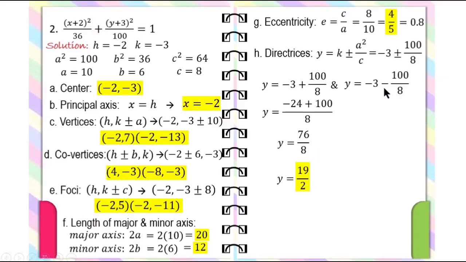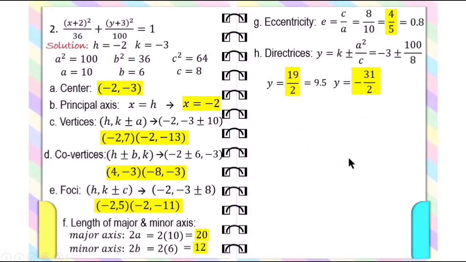Here, we have -24 minus 100 over 8. So -24 minus 100 is -124 over 8, which is equal to -31 over 2. We also divide the numerator and denominator by 4. So the directrices are 19 over 2, which is equal to 9.5, and -31 over 2, which is equal to -15.5.